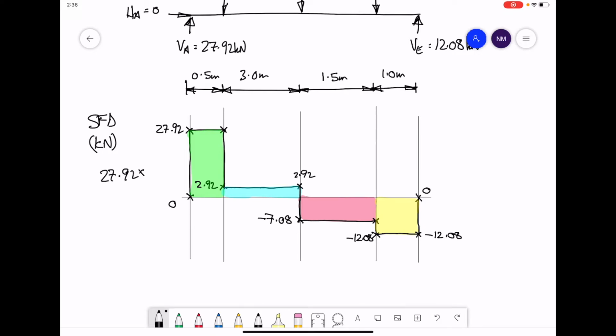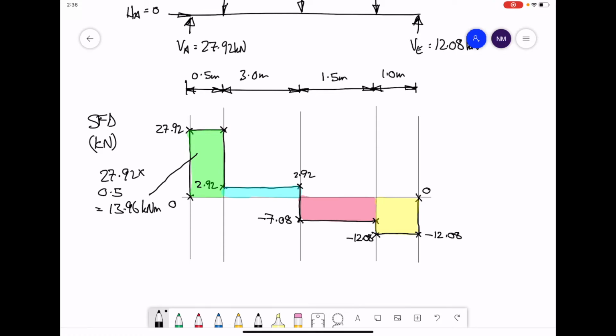27.92 times 0.5, and that gives us an area value of 13.96. Our green area has a value of 13.96 kilonewton meters. For the blue area, it has a height of 2.92 and a length of 3.